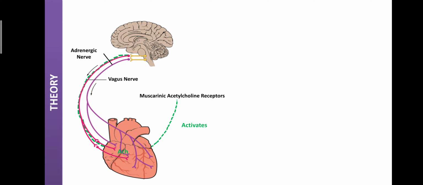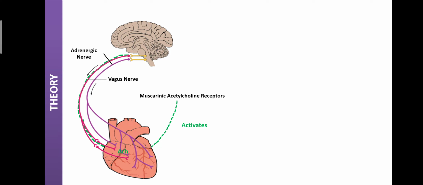So here the released acetylcholine in the heart acts on the M2 receptor and causes the opening of potassium channels. Due to opening of potassium channels, potassium ions accumulate in cardiac cells, and accumulation of potassium ions causes relaxation of the cardiac muscle, and the firing capacity of pacemaker cells like the SA node decreases.